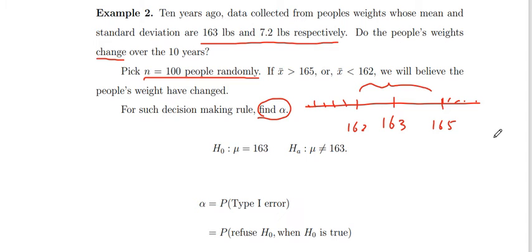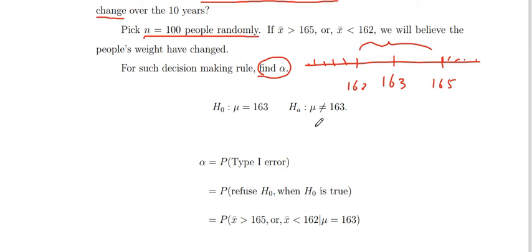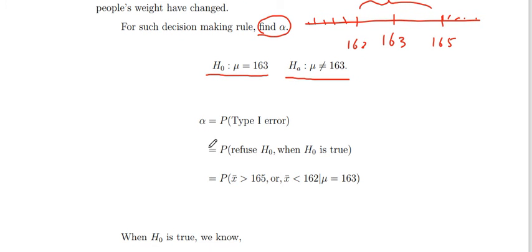If we convert this to hypothesis testing, H0 is no difference, and the alternative is have difference, both sides. Alpha is the type 1 error: refuse H0 when H0 is true.